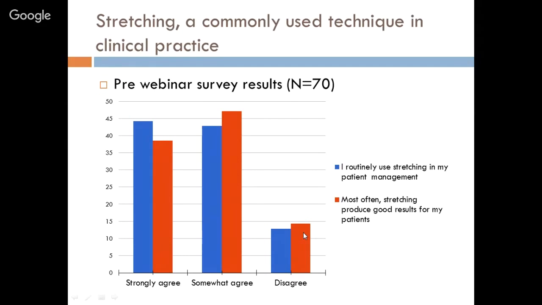If we understand that, we'll be able to answer why it works in certain circumstances and why it doesn't in others. So I'm going to explain what happens in muscles biomechanically and structurally, and also the neurological explanations for the improvement that we see in some cases and don't see in others.